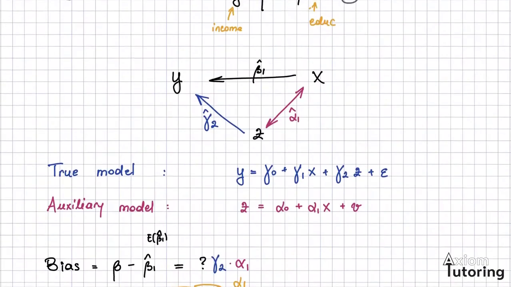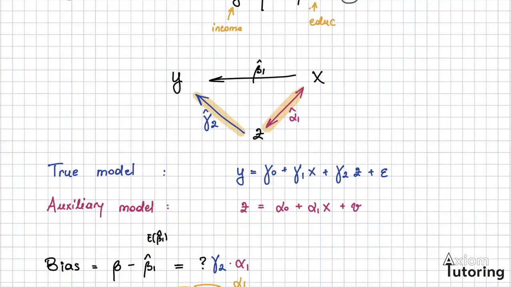So ultimately, the two bits of information that you can use through the path diagram to see the direction and the magnitude of the bias are the magnitudes of these two arrows, which means that if both of these are positive or both negative, then you have an overestimation. If those are of opposing signs, let's say minus and plus or plus and minus, the product of the two of them is going to be negative.